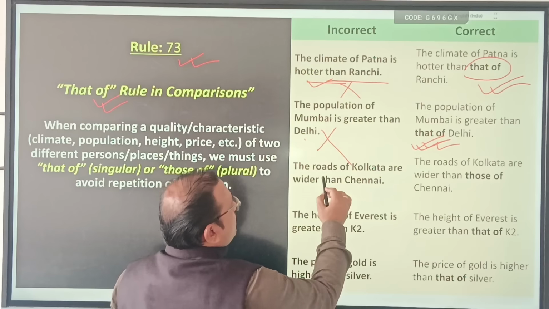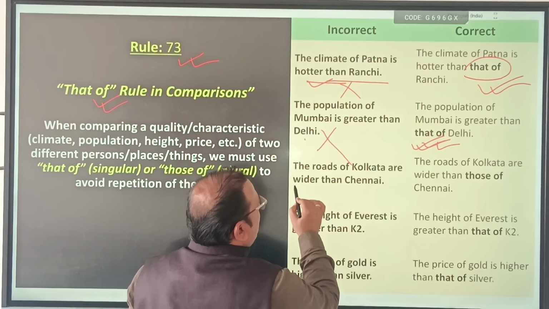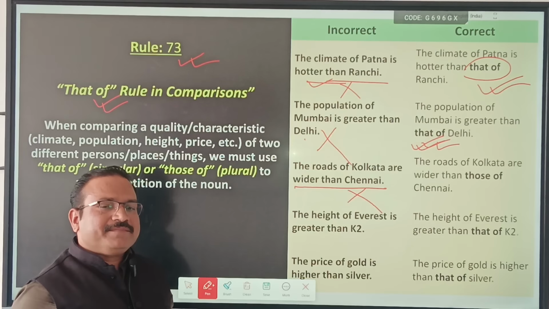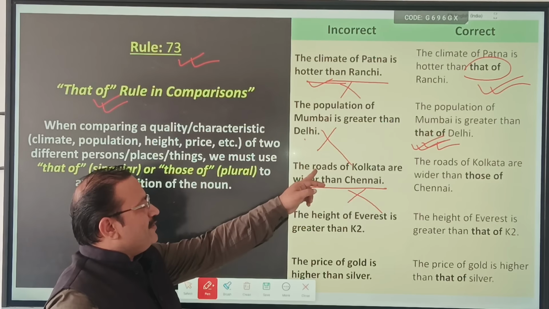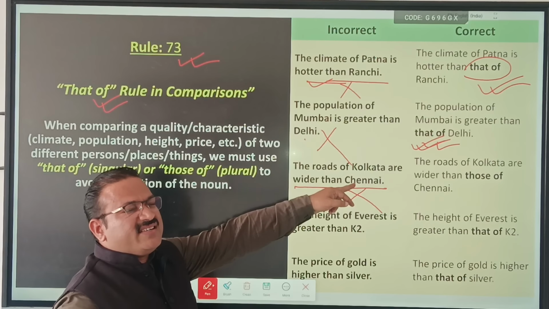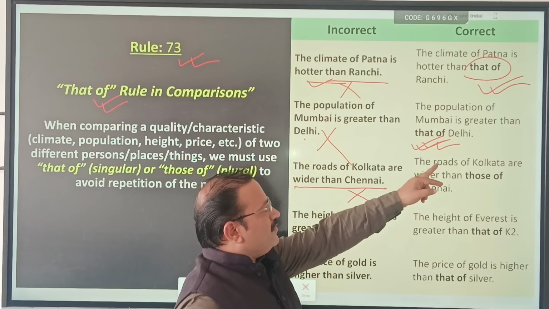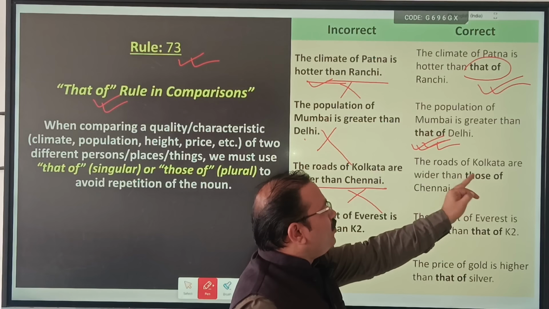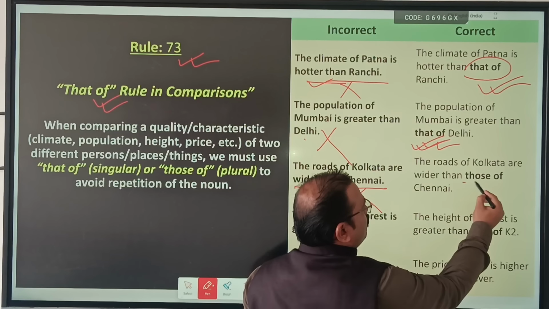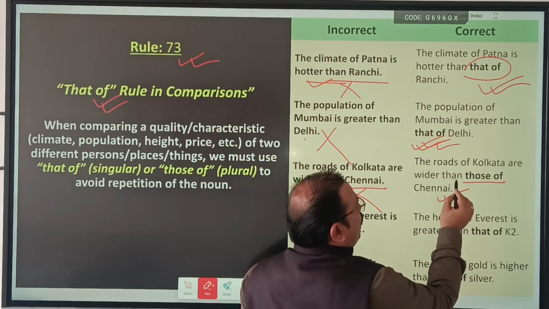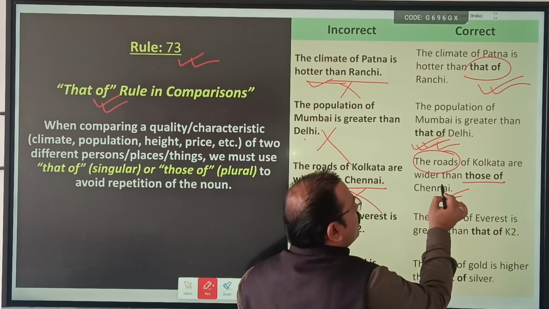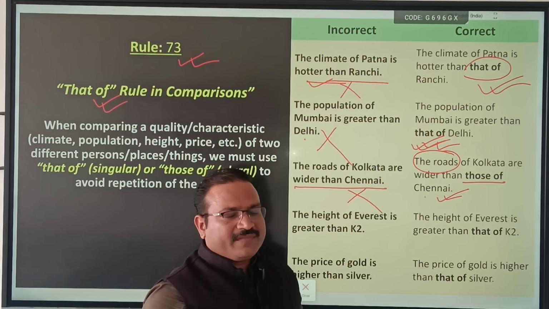The roads of Kolkata are wider than Chennai. Wrong. Why? Again, the roads are being compared with Chennai city. Wrong. The roads of Kolkata are wider than those of Chennai. Plural here. Now we are comparing the roads of Kolkata with the roads of Chennai.